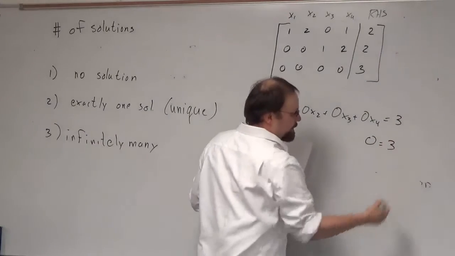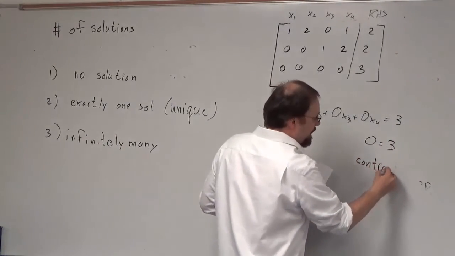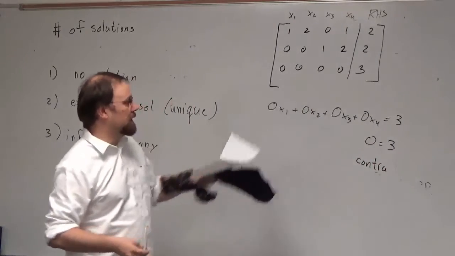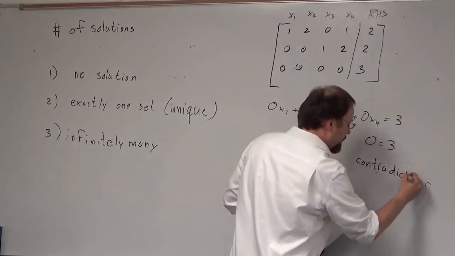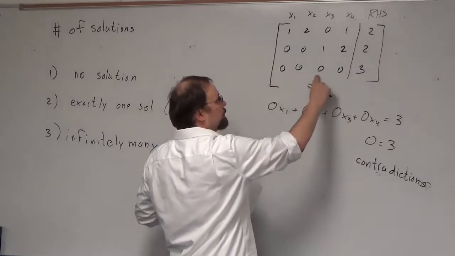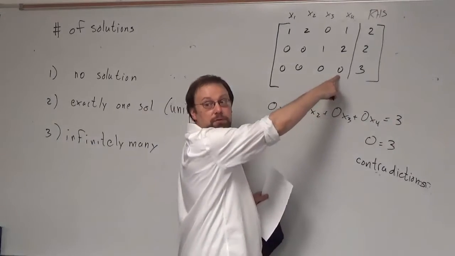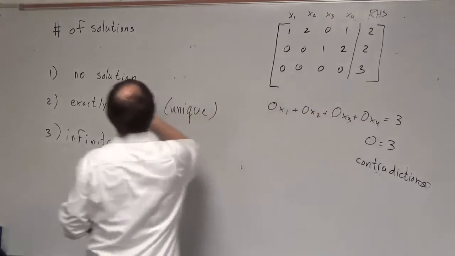Obviously this says 0 equals 3, which is false. It's a contradiction. So there are no values for the unknowns that would make that true. So there are no solutions. In short, if you have a row of zeros in your coefficient matrix but on the right-hand side you have a non-zero, you know you have no solutions.